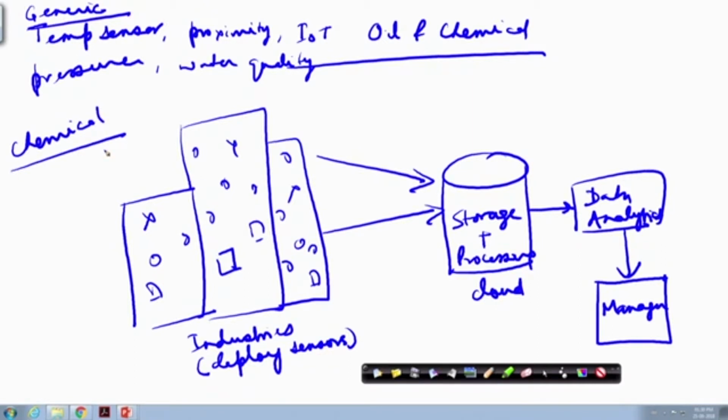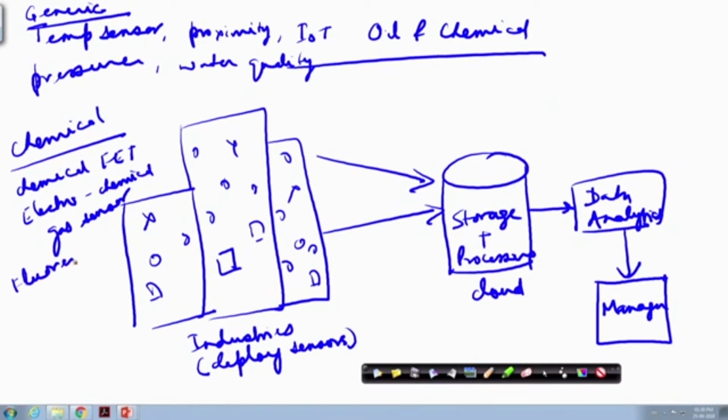For example, we could have the chemical field effect transistors, we could have electrochemical gas sensors, or different other types of gas sensors also, fluorescent chloride sensors.